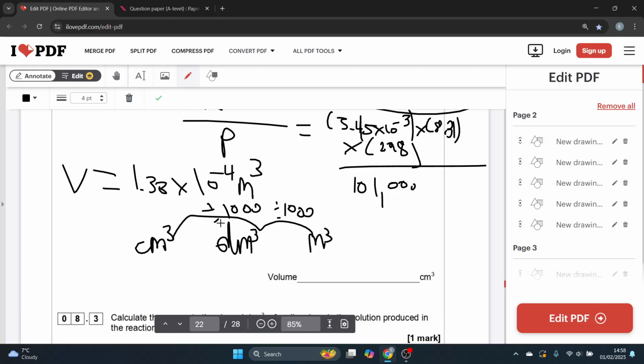I need to do 1.3 times 10 to the power minus 4 times by 10 to the power. Actually, no, I got it the wrong way around.